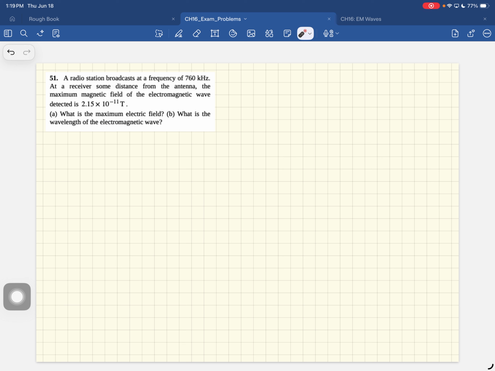At what distance does a 100-watt light bulb produce the same intensity of light as a 75-watt light bulb? Okay, so 7,500. The intensity of light is the power of the bulb divided by the area over which it's spread.